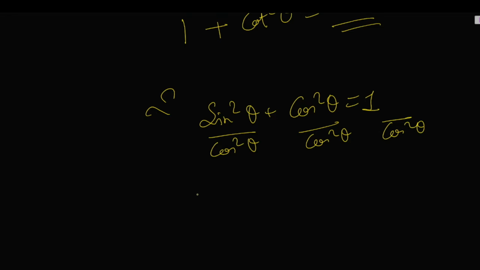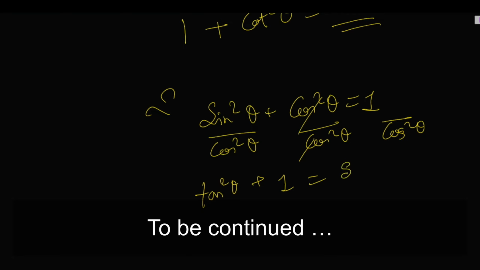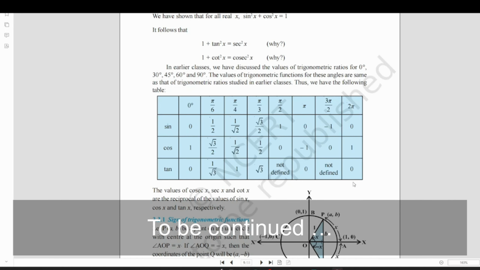This becomes tan square theta plus 1 is equal to 1 by cos square theta. What is 1 by cos square theta? Sec square theta. So 1 plus tan square theta is equal to sec square theta. So that's what we have established here as well.